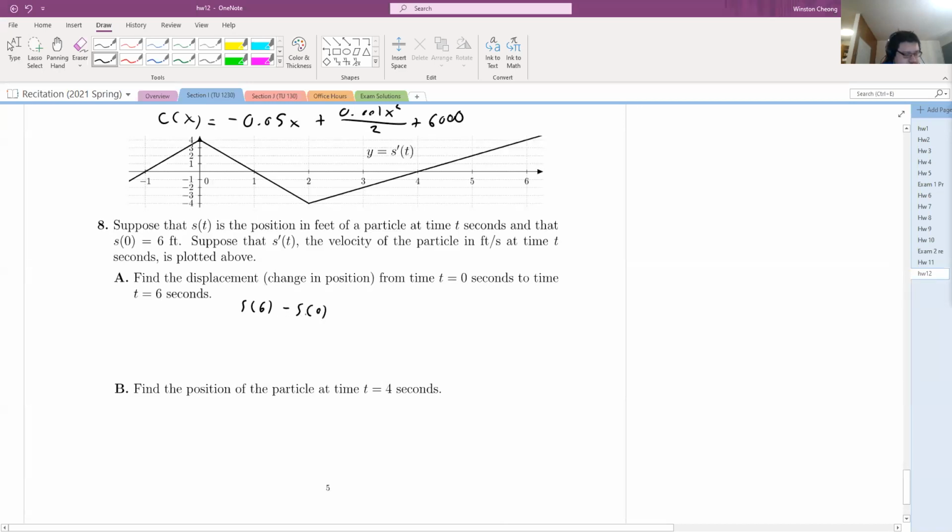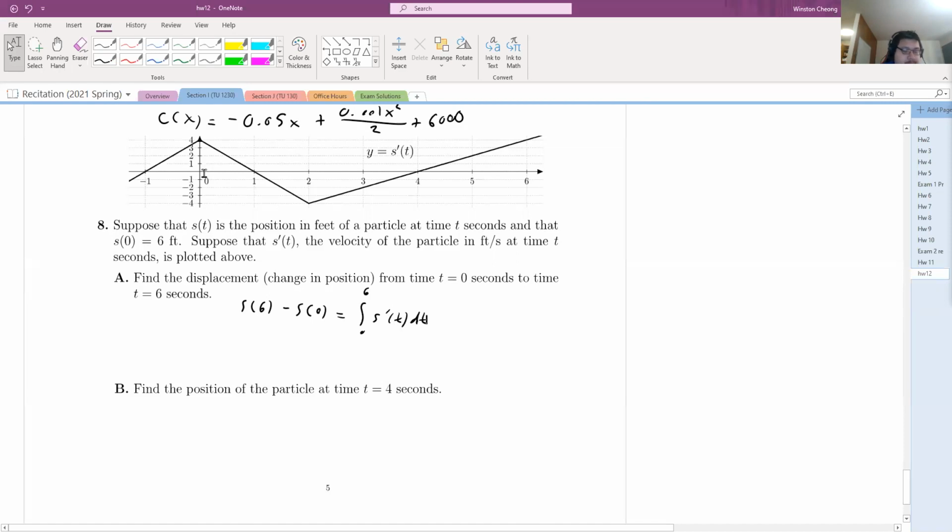So it's really only asking us to calculate the integral of the s prime function. We can figure that out by looking at it visually.